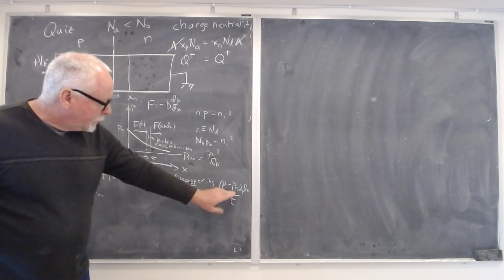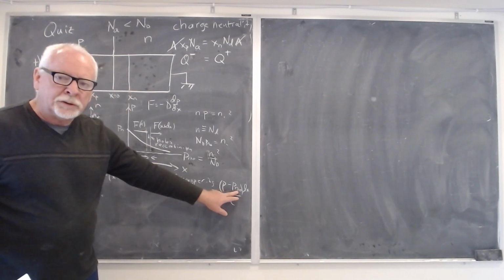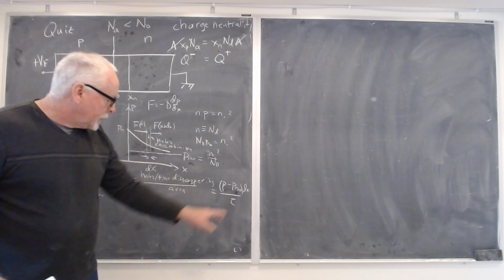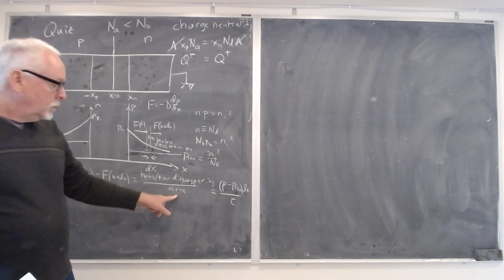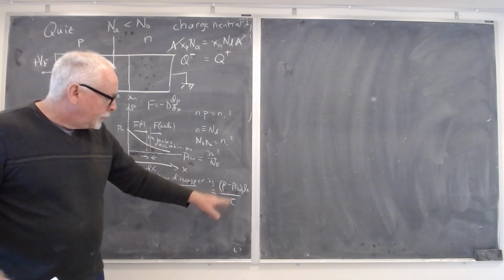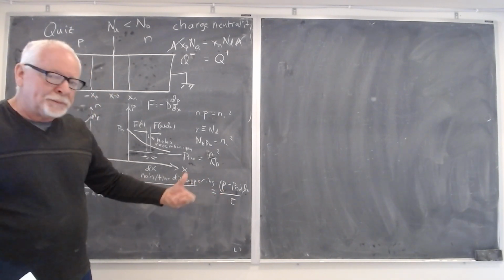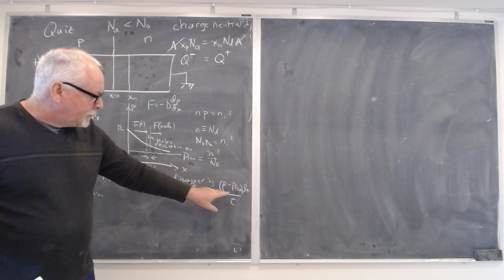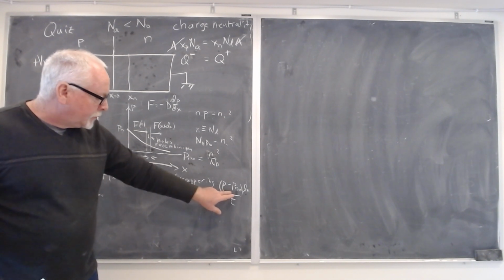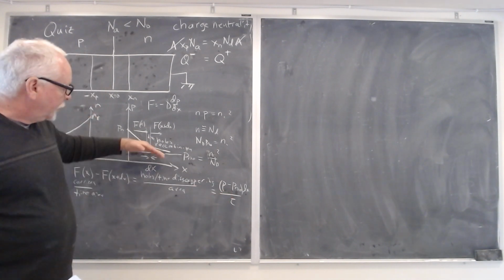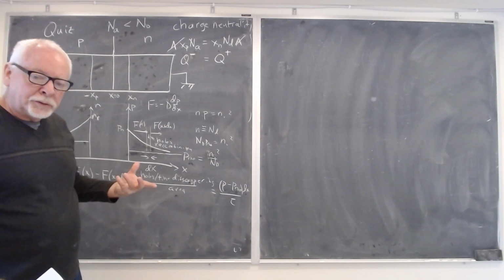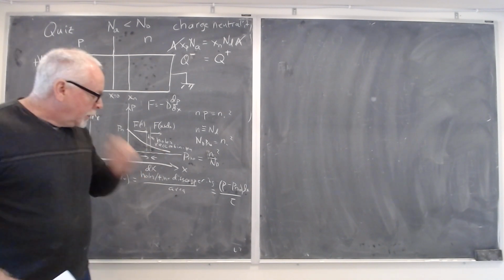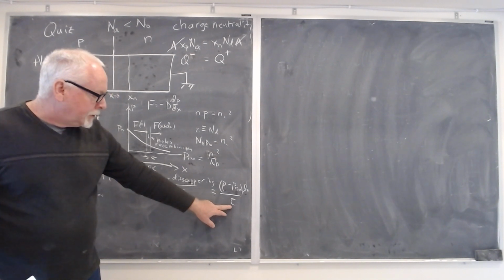And p minus pn0 has units of 1 over volume, so I'm going to multiply times dx to get 1 over area. The rate of disappearing goes as the difference between p and pn0. The higher p is above pn0, the larger the recombination rate. And it also goes as 1 over tau.